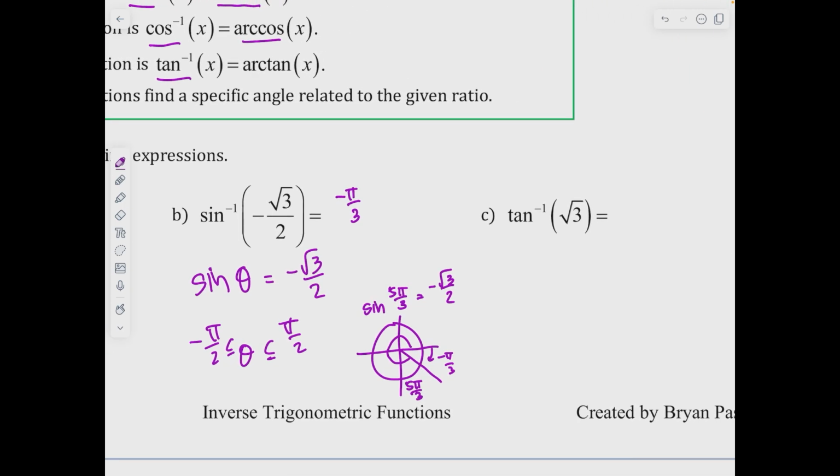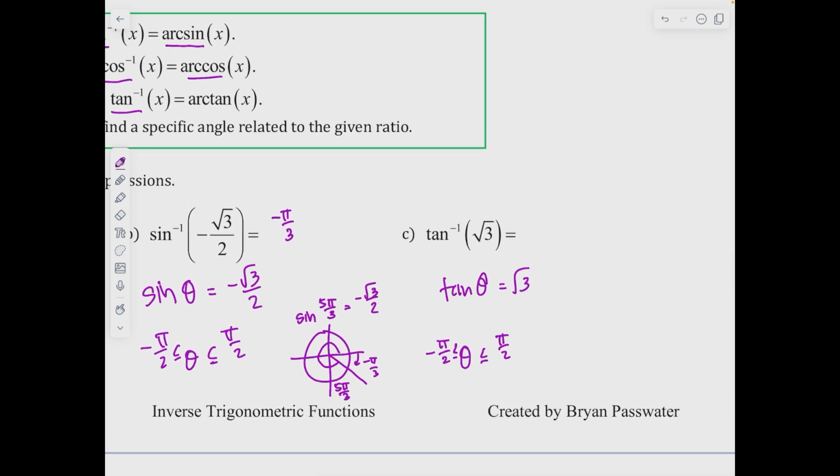Okay, letter C. What they're asking me is tangent of what angle gives me the square root of 3. But my angle has to fall between pi over 2 and negative pi over 2. Another thing you can think about graphically is that tangent rises from there. I know that tangent has root 3, and I know tangent has root 3 over 3. The square root of 3 is larger than square root of 3 divided by 3.